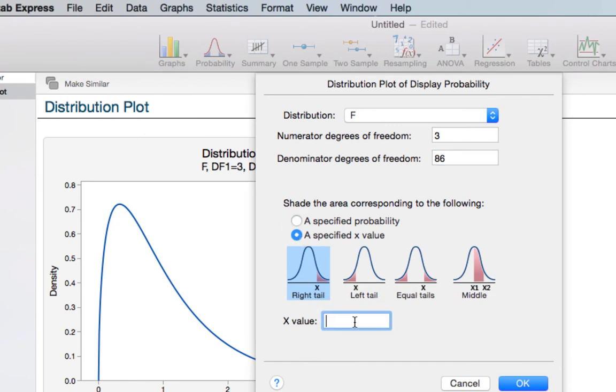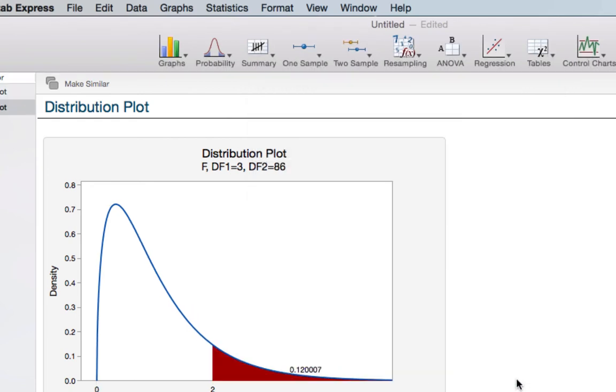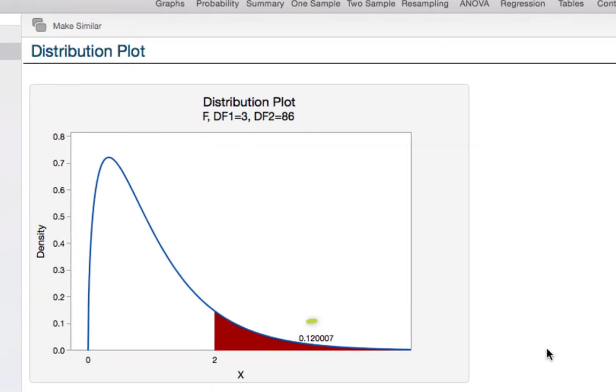So we said our X value, or our test statistic, was 2, and we want the default right-tailed test. This is the p-value for this hypothetical scenario with 3 and 86 degrees of freedom and a test statistic of 2. The interpretation of the p-value is going to be the same here as it was for earlier lessons.